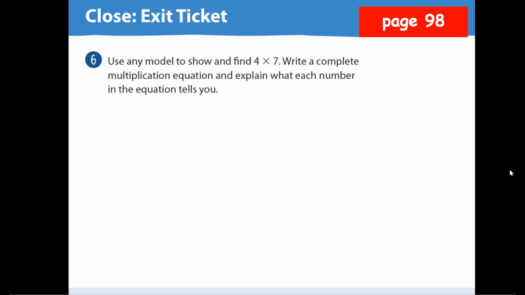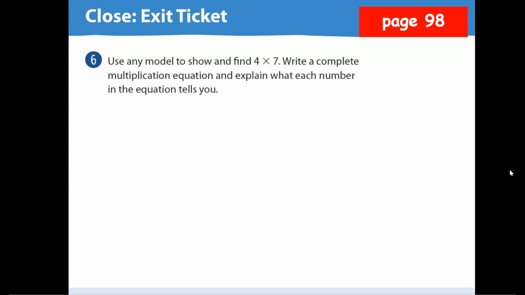I could use an array. What else? Oh, I could use a rectangle and use square tiles. Yes, that's 2. What's the other one? Like how we use addition, you can do lines. What was it called when we put the things in circles?